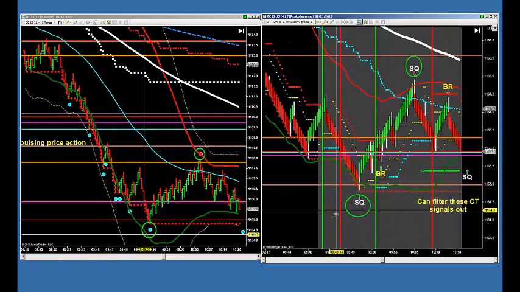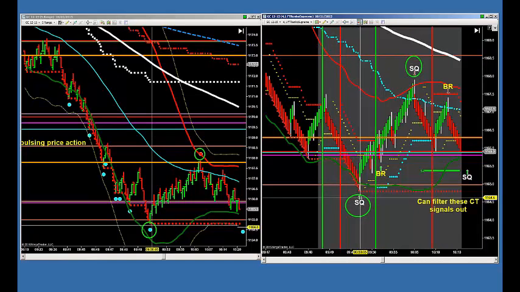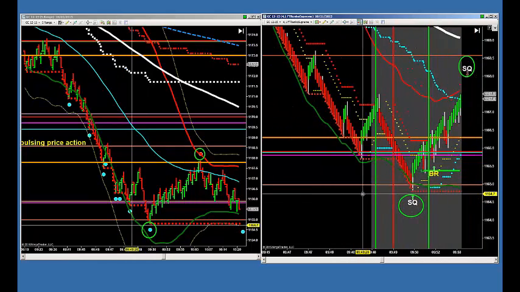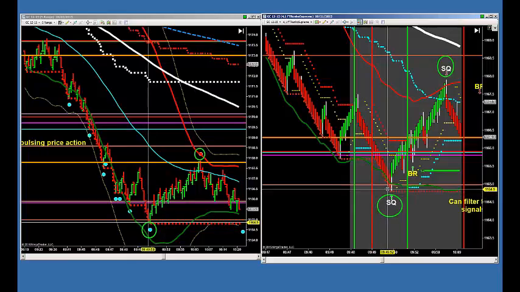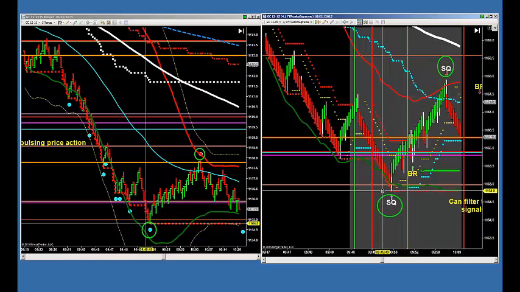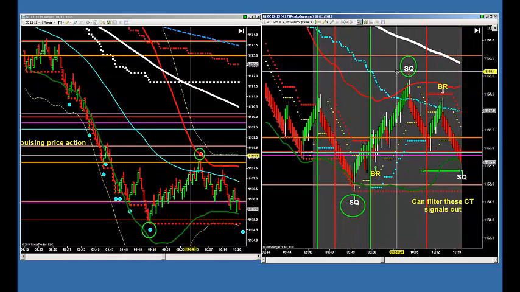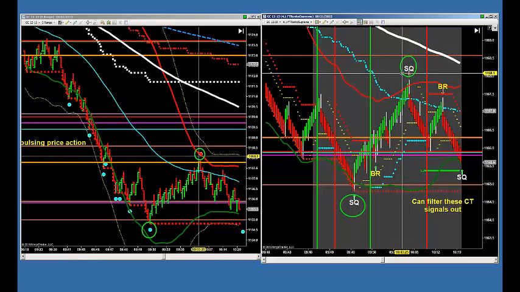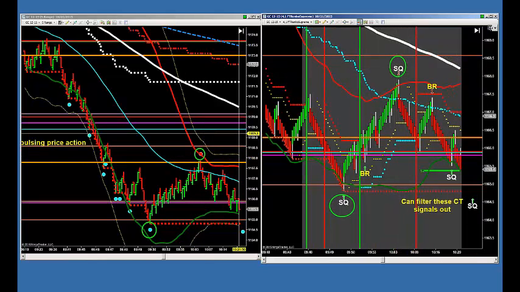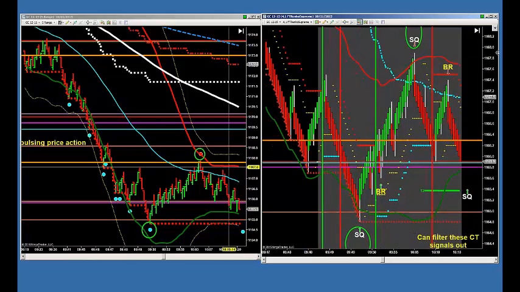So I wanted to circle that one to say that, yes, it does have some things going for it, but when I see an impulsing market, I'm always suspicious: is this really the end? Is it going to reverse enough to make it worthwhile, or is it just going to keep on running? But we didn't have to wait too long to get this little SQ signal up here.